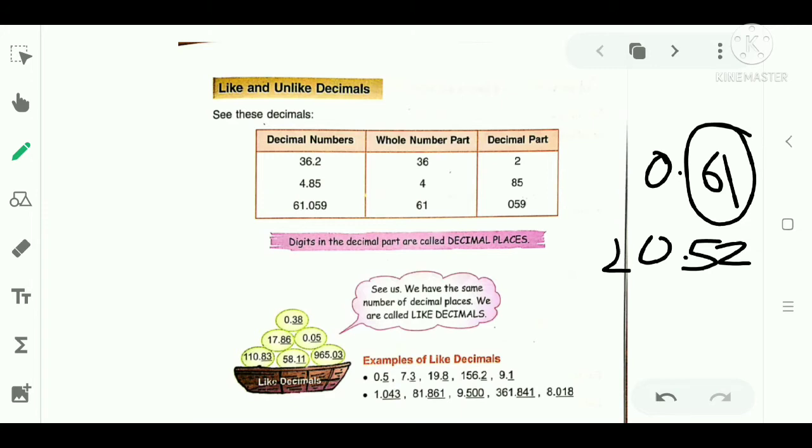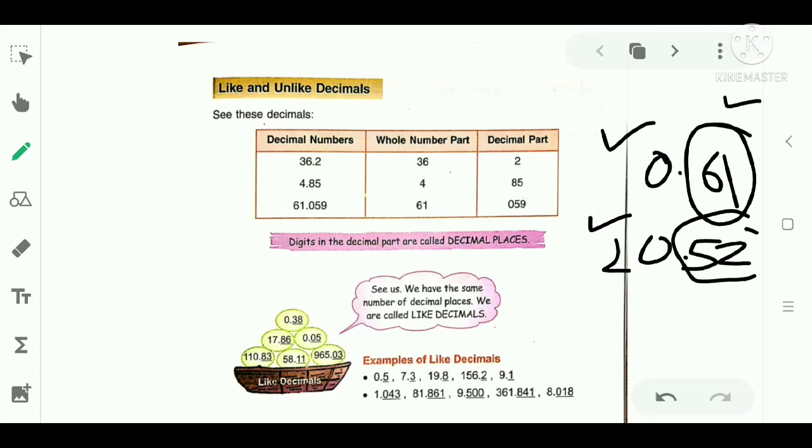Here in 0.61 there are two numbers. Now in 20.52 here again two numbers after the decimal. So it means these two decimal numbers are like decimals.